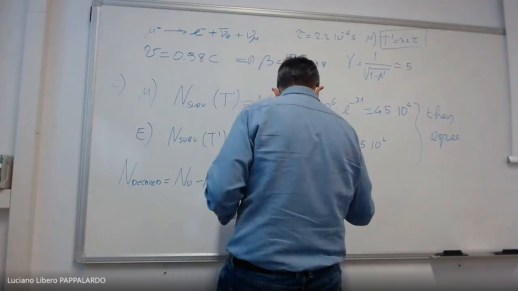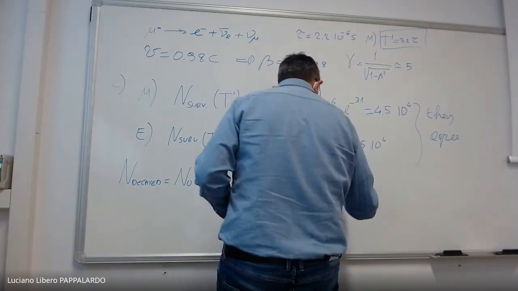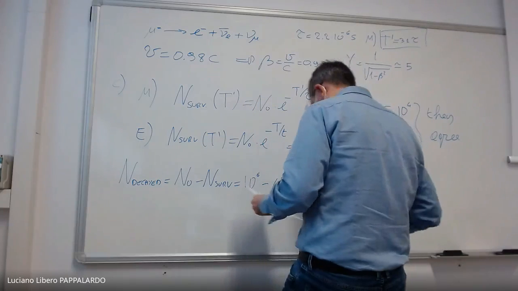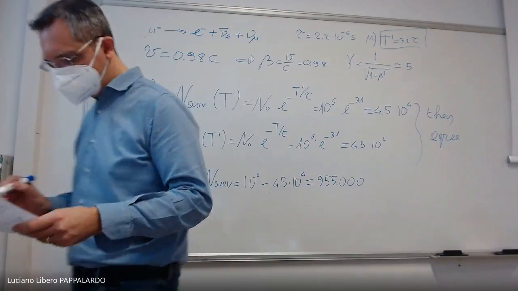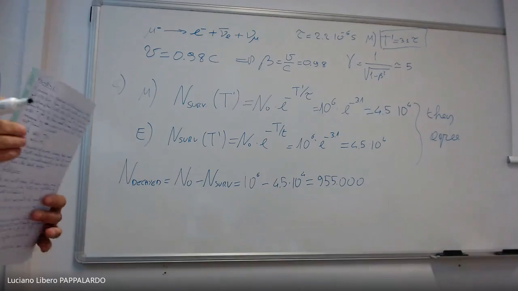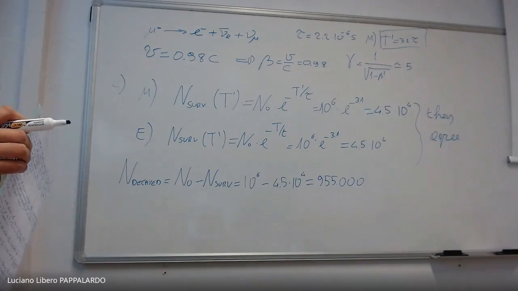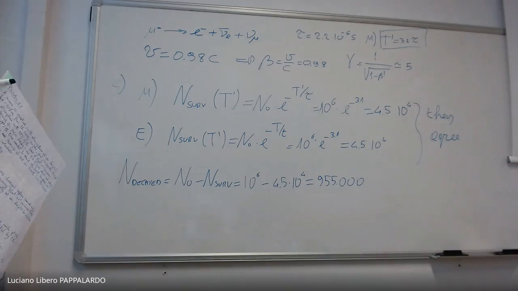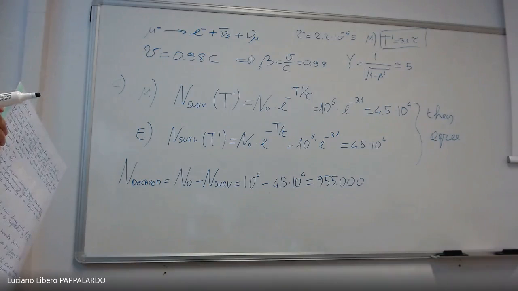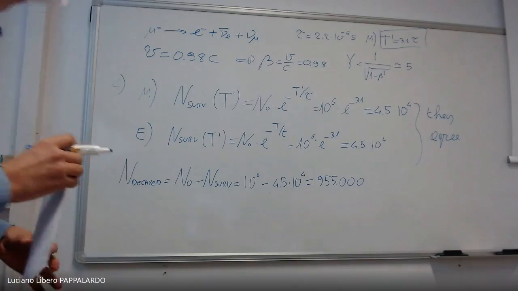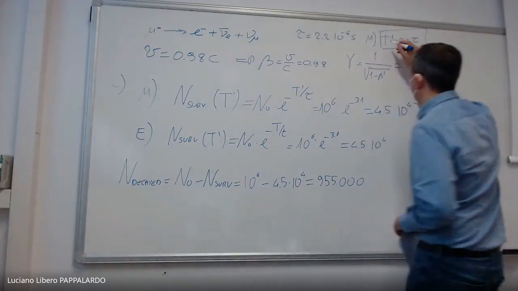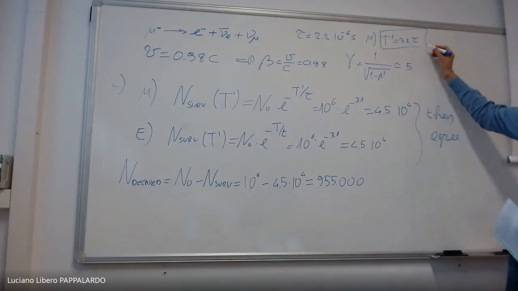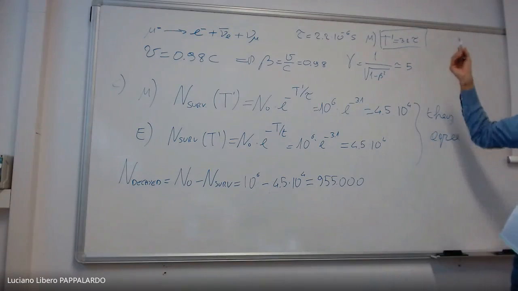And this results in 955,000. Okay, so the large majority of muons indeed has decayed in the path from atmosphere to Earth. And the reason for that is that the time it takes for the muon to reach Earth is more than three times the decay time of the muon. Okay?